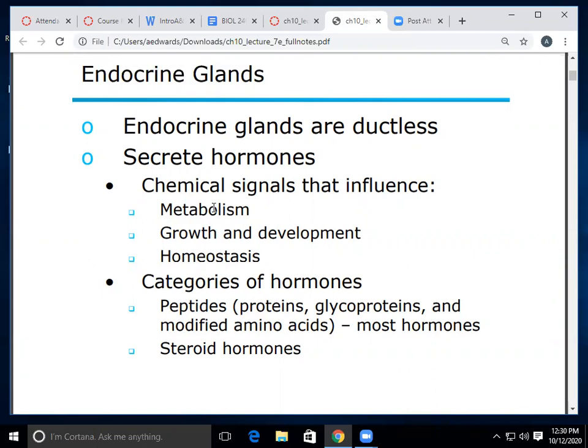Okay, we have different categories of hormones. You have the peptide hormones, made up of proteins, glycoproteins, modified amino acids, and the steroid hormones. So if you remember anything from the videos we watched last week, some of this should sound familiar.